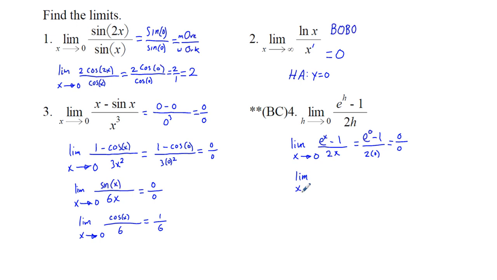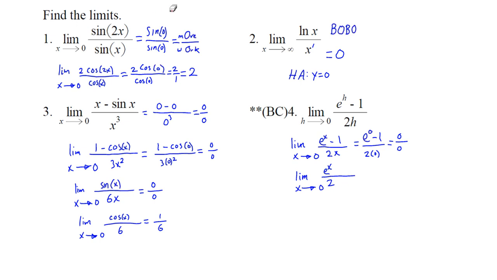So the limit as x approaches 0 of the derivative of e to the x is going to be e to the x. And the derivative of 1 is 0, so we just have e to the x left. And in the denominator, we have the derivative of 2x, which is 2.